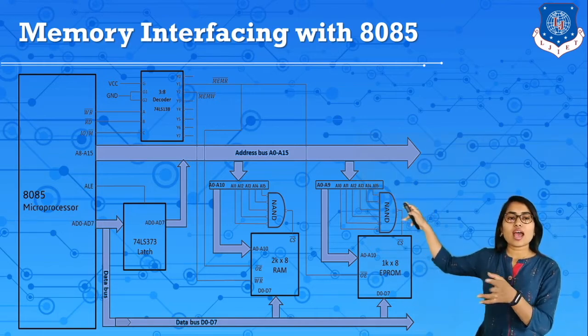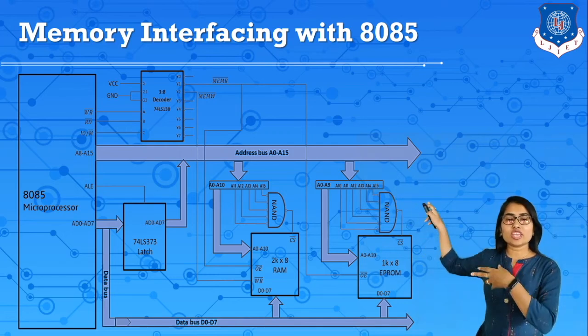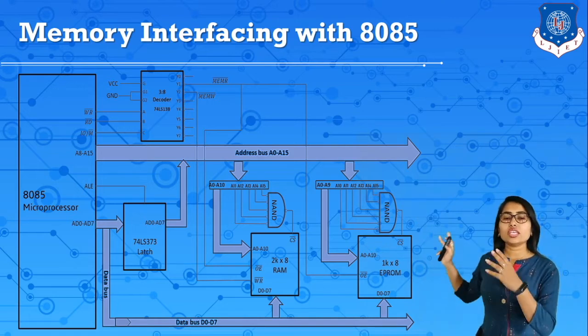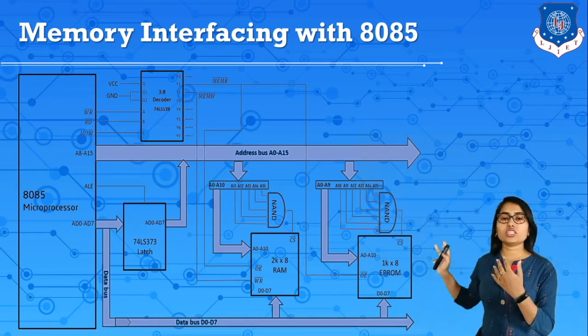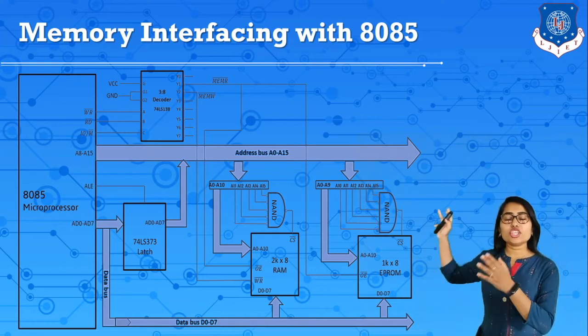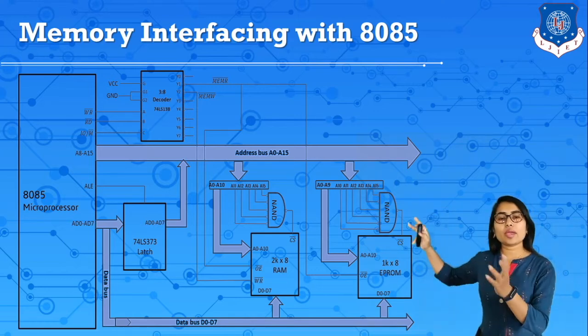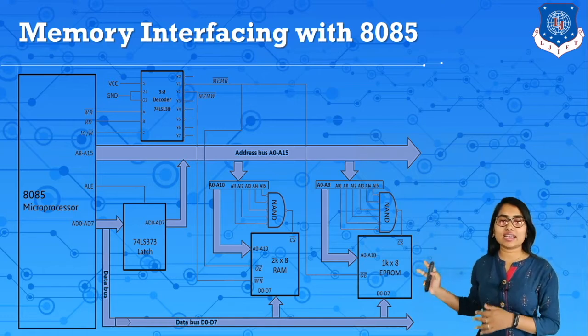Here IO/M bar, read bar and write bar are connected. So the memory read and write control signals are generated, which are connected with EEPROM and RAM. In an EEPROM only the memory read signal is connected; in a RAM, both memory read and write signals are connected.